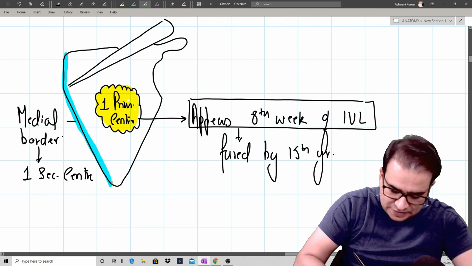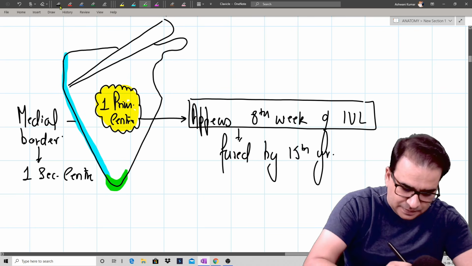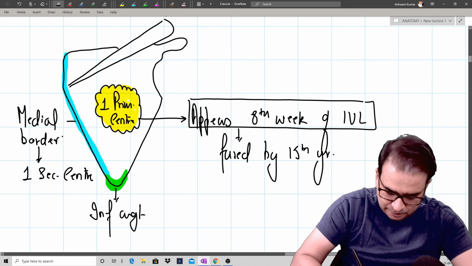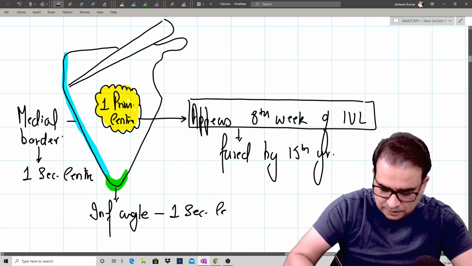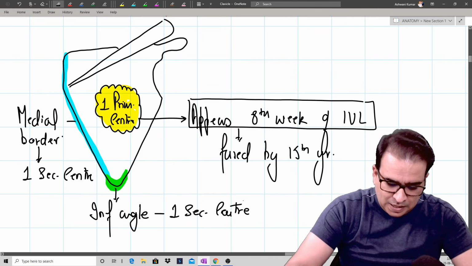Then we have one secondary center which is for the inferior angle. I'm just highlighting this inferior angle part. Again, there is one secondary center of ossification for the inferior angle.